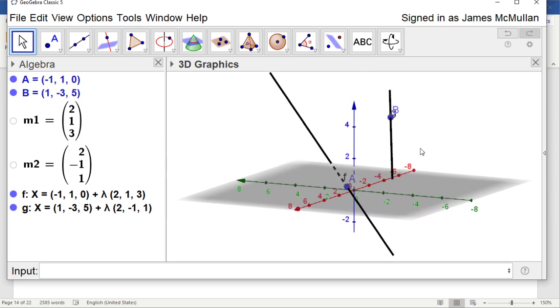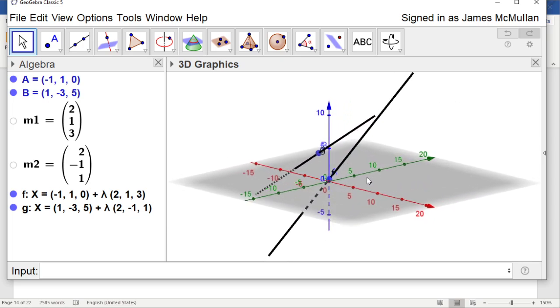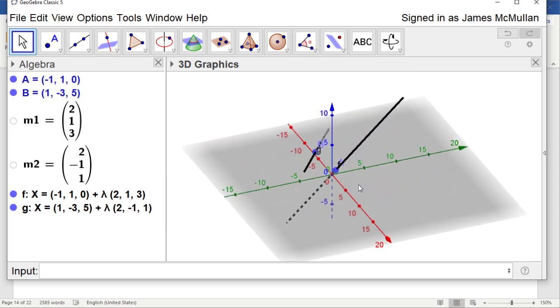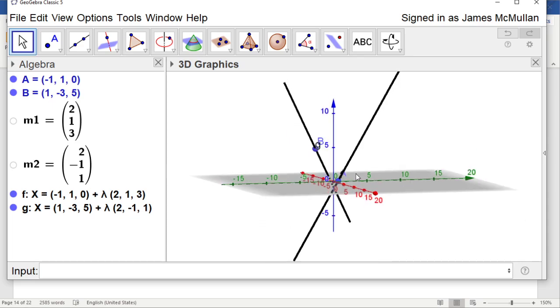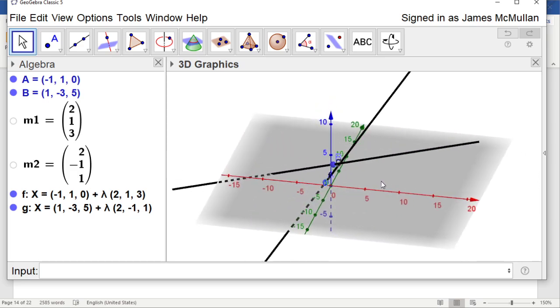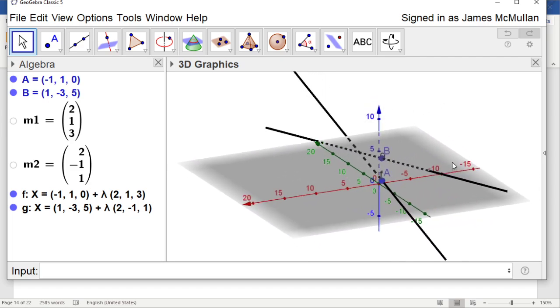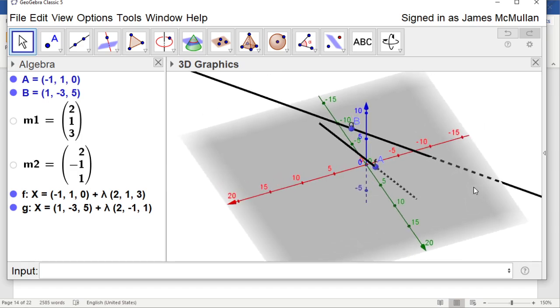Now, the angle between 2 lines is a difficult thing to understand in 3D because in 2D, 2 lines, unless they're parallel, are going to cross each other. Not really the case in 3D, right? Because you can have lines that are not parallel like these ones and nevertheless do not meet.